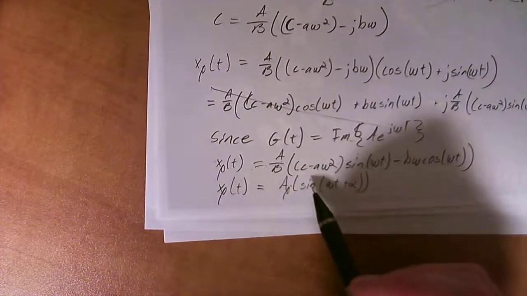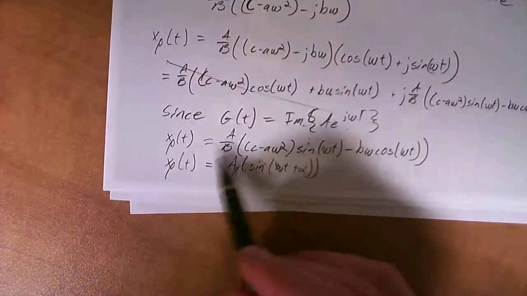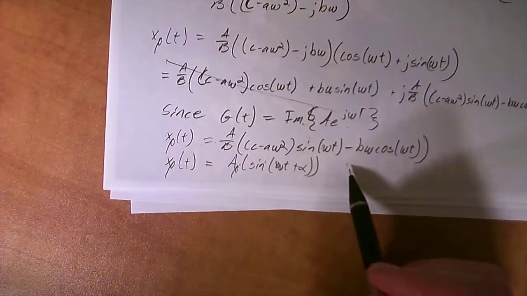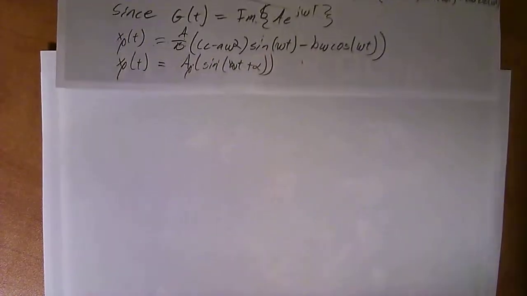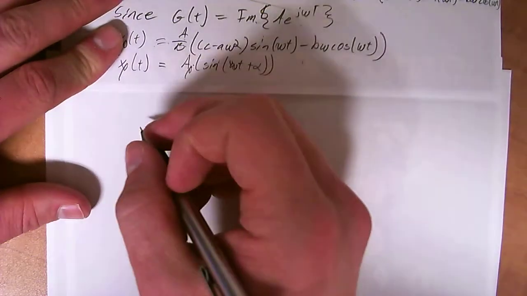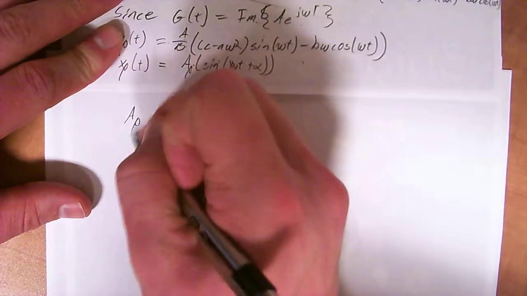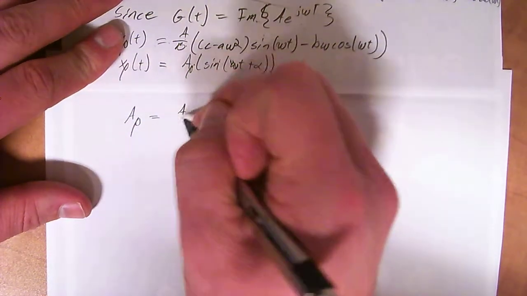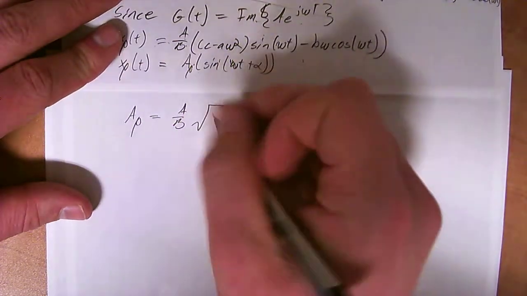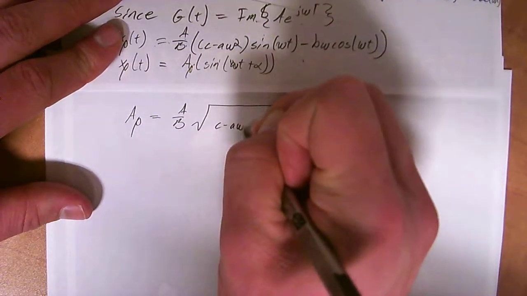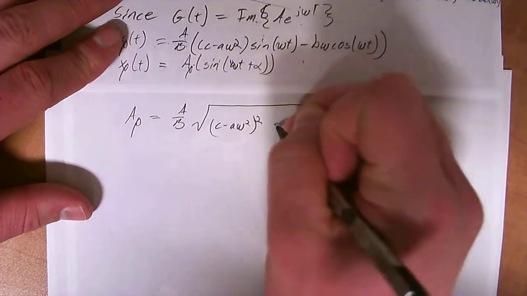So this is the base fundamental equation that this represents. It's going to be equal to this, basically. So, in order to solve this mess, get a new sheet of paper here: Ap is equal to A over B times the square root of C minus A omega squared plus B omega squared.